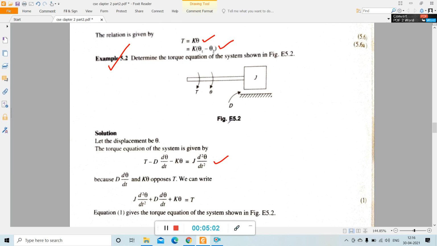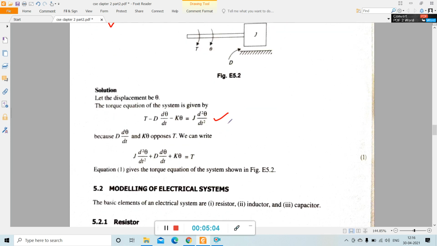Okay, so see here, D into d theta by dt and k theta oppose the torque. So the final mathematical equation is J d square theta by dt square plus D d theta by dt plus k theta is equal to T. So this is our torque equation of the given system.